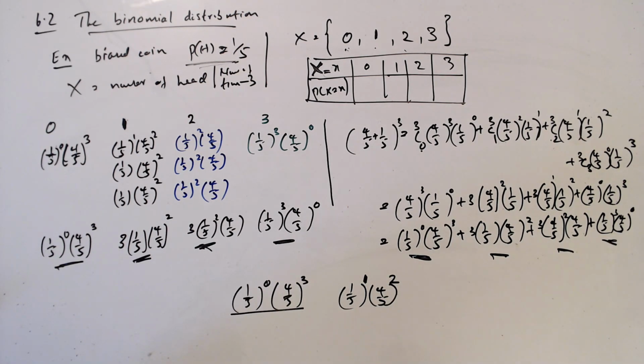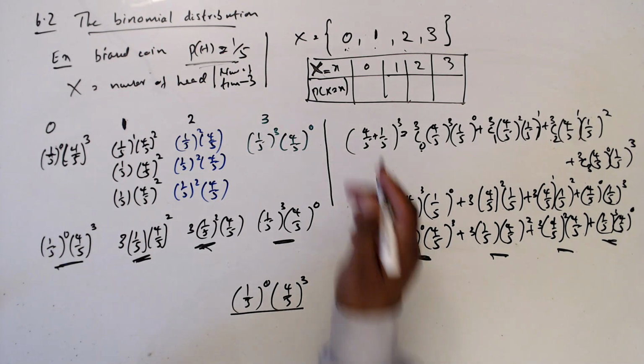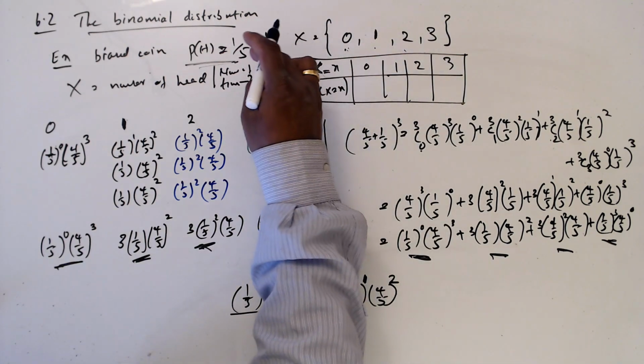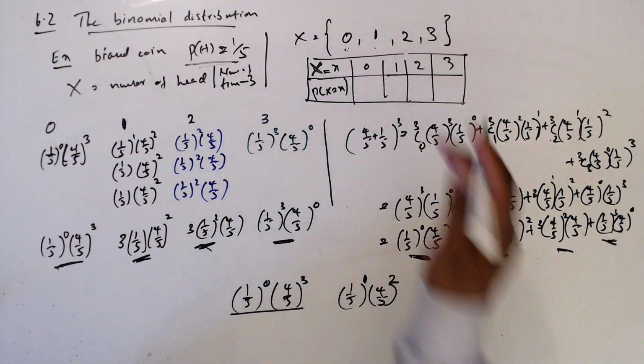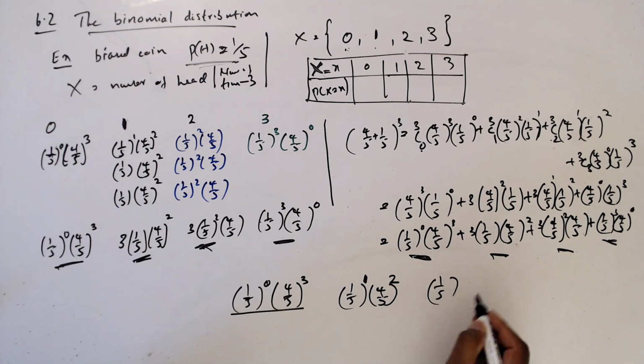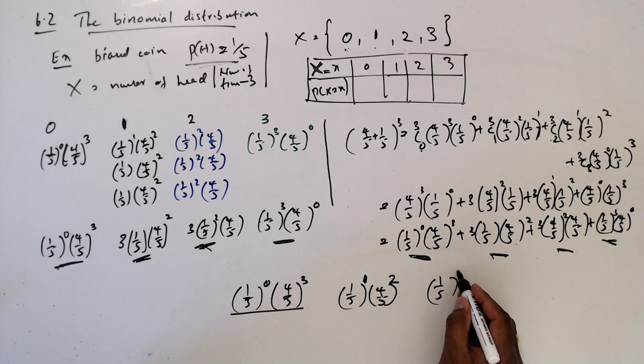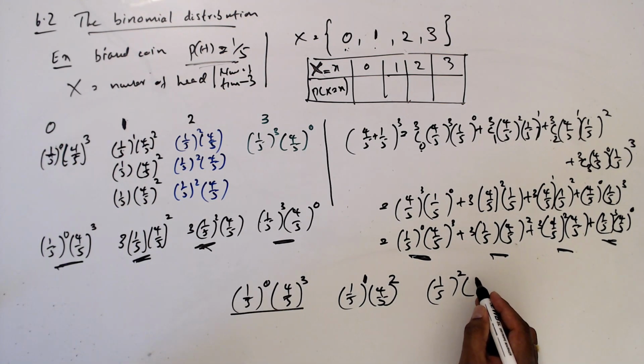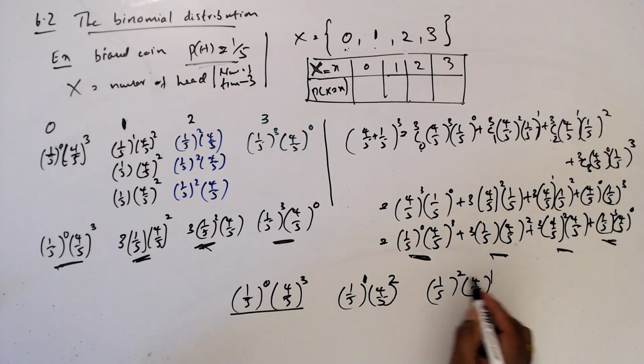So then this has to be 2. Getting 1/5 two times, then (1/5) squared, and (4/5)^1. Addition is 3.